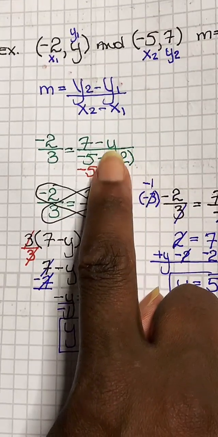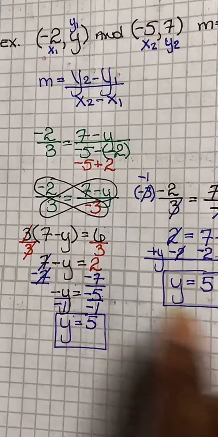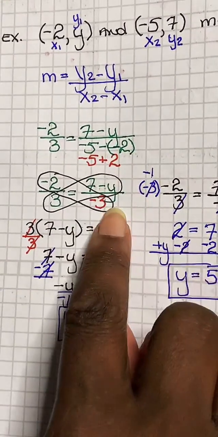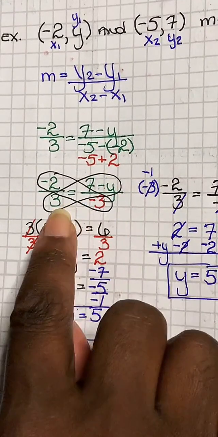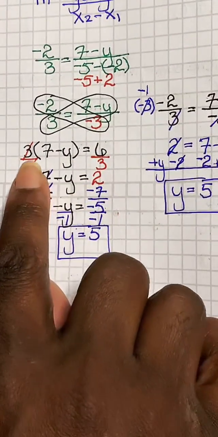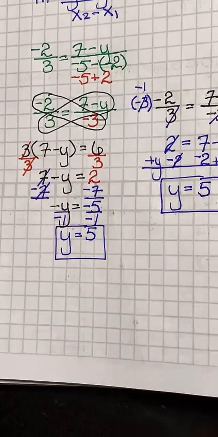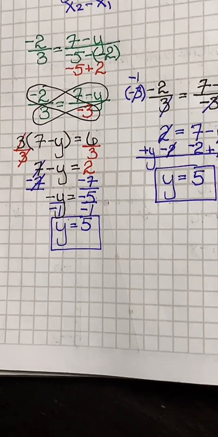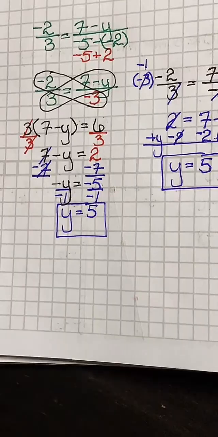Since we wanted to find that unknown, simplify what's going on in the denominator, then you could have cross multiplied. And then from here, if you wanted to distribute the 3, you can do that as well. I'll even show that.